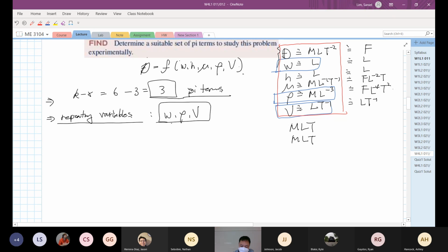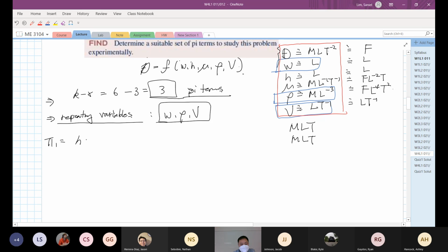That's what I did. All right, for the pi 1, the first one, actually, I'm not going to go with the D first. I'm going to go for the H first because it's much simpler to solve.